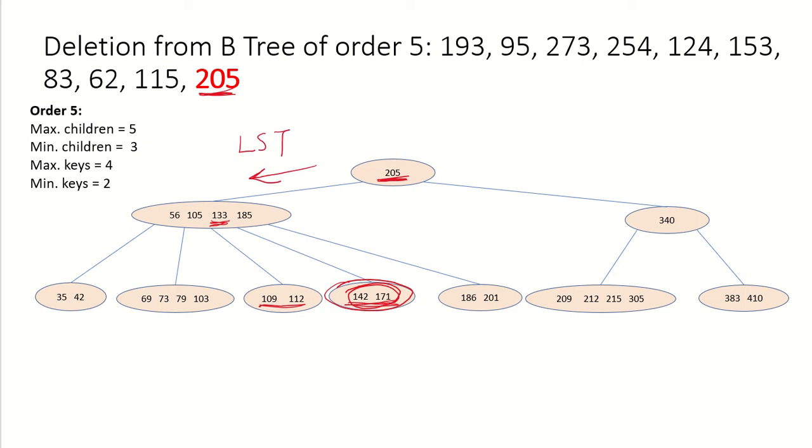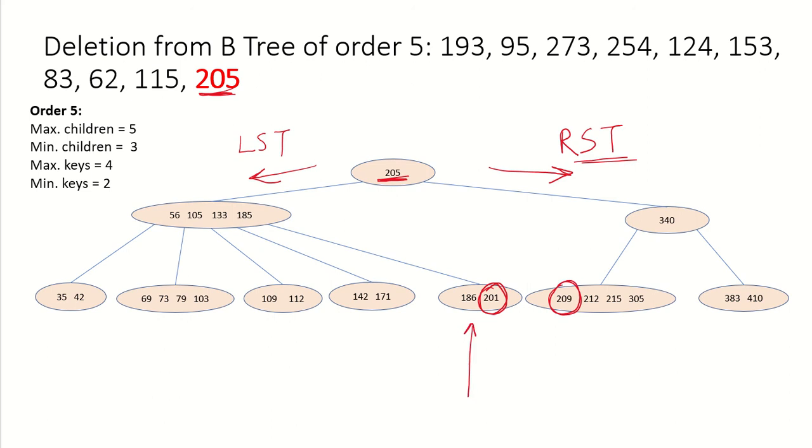That means we have to find the maximum value in the left subtree, and if we look at the left subtree, the maximum value is this 201. Or we can replace it by the in order successor, which would be the minimum value in the right subtree, and that is this value 209.